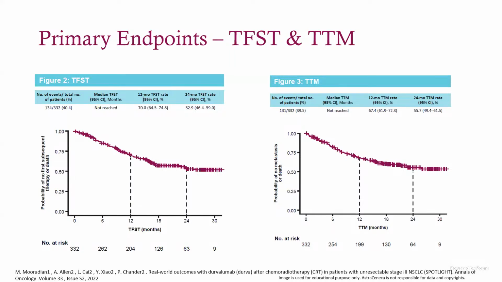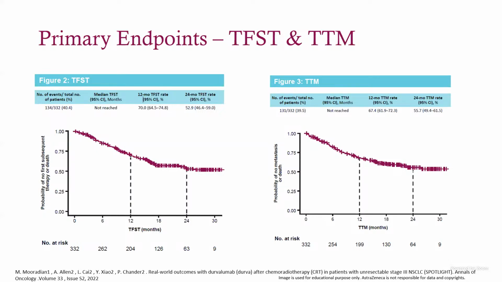So if you just see here, we could actually find that the median time on durvalumab was not reached during the study period, and at 12 months 70% of patients remained on durvalumab without need for any second treatment, and even at 24 months more than 50% of patients remained on durvalumab.